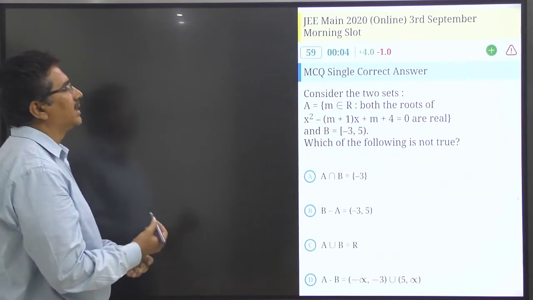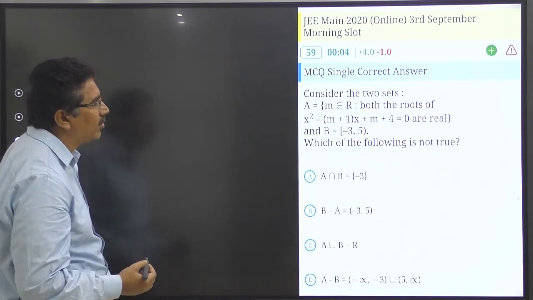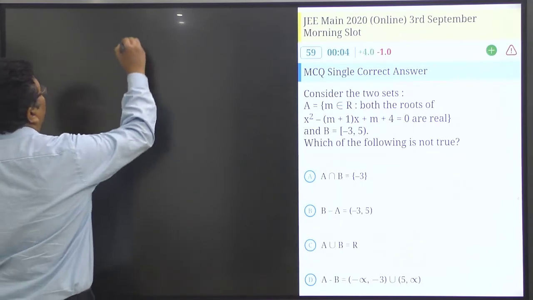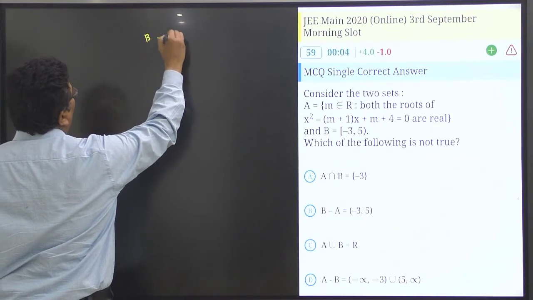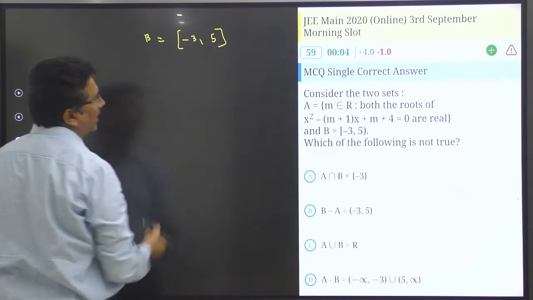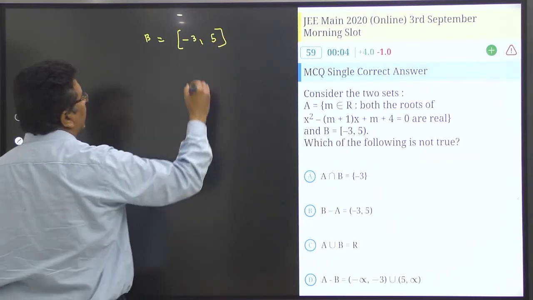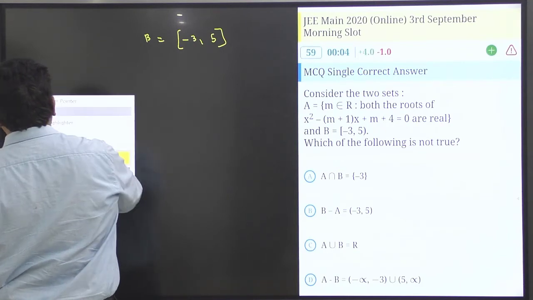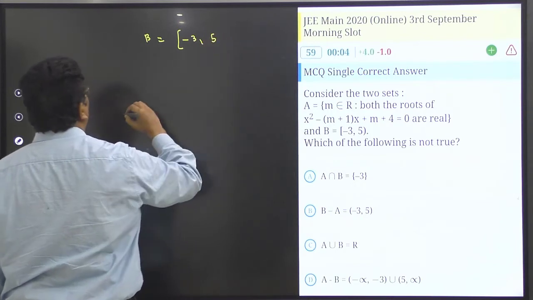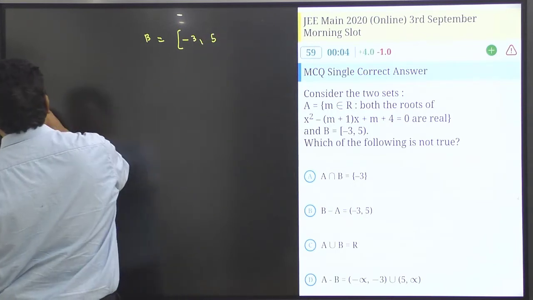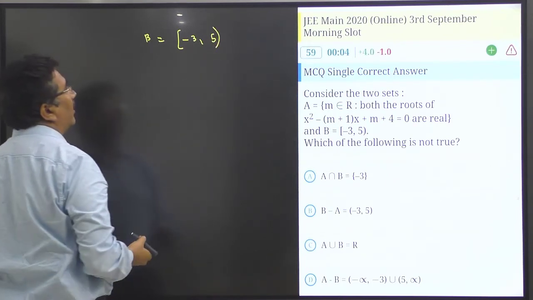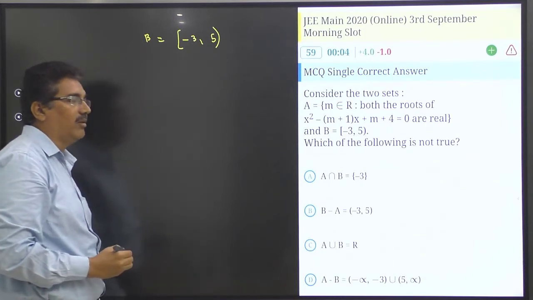Consider the two sets. Set A is the set where both the roots of the given quadratic equation are real, and set B is the given set, the interval closed at minus 3 and open at 5.